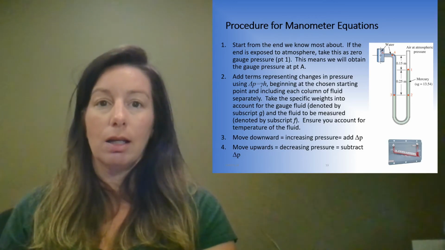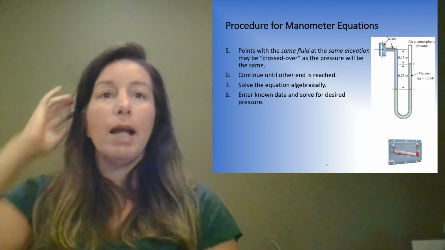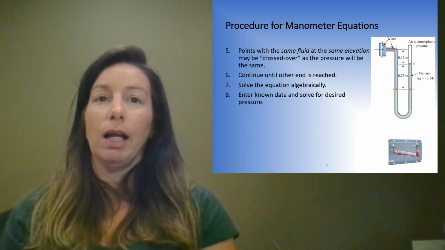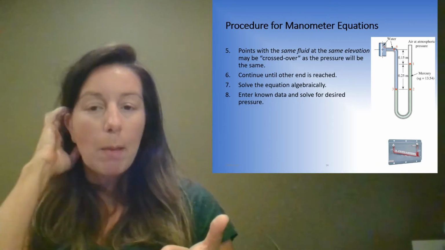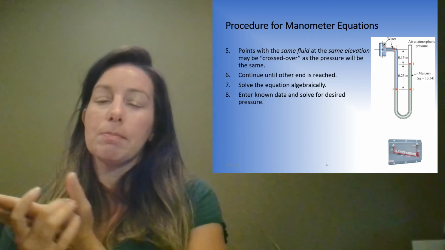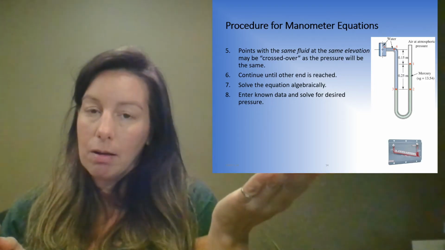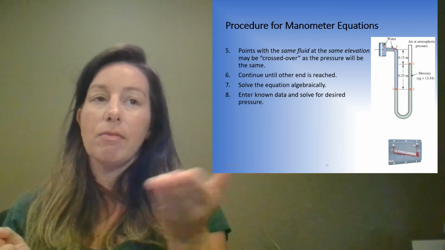Okay, so that was steps 1 through 4, now 5 through 8. Points within the same fluid at the same elevation may be crossed over as the pressure is the same. Remember, we learned that the pressure is independent of the vessel, as long as it's the same fluid.